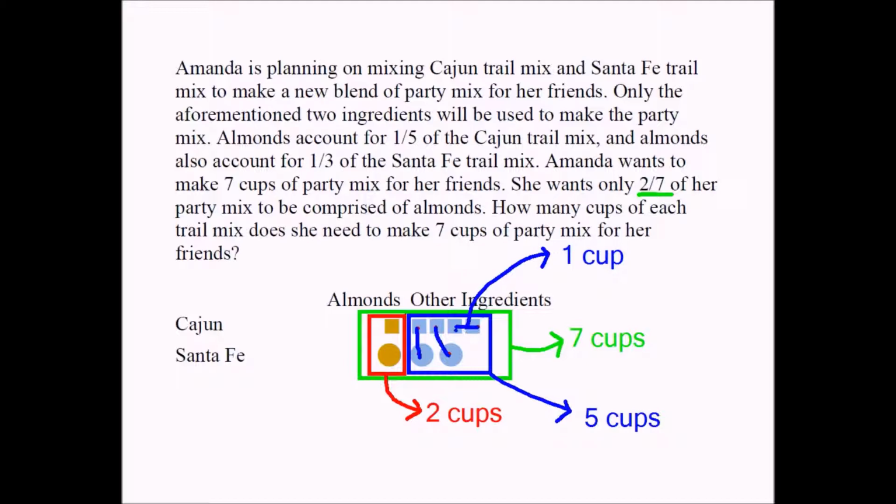Okay, if 2 blue squares add up to be 1 cup, 1 blue square has to be half a cup. In other words, each square has to be half a cup. If these two squares add up to be 1 cup, each square has to be half a cup. Half a cup.